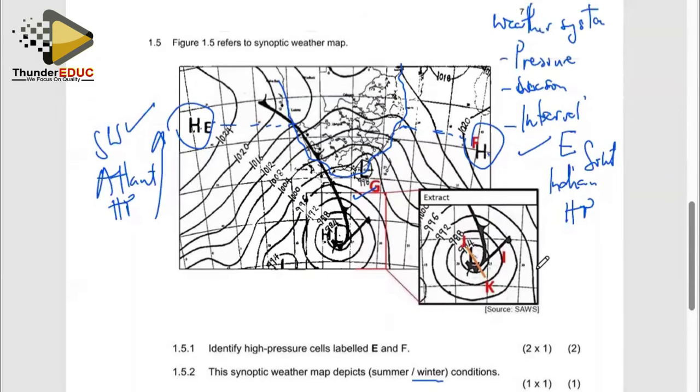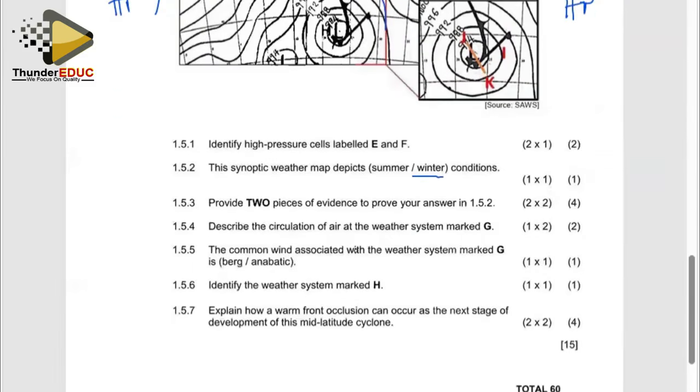How does air circulate within the mid-latitude cyclone? This is a low pressure cell, and for a low pressure cell in the southern hemisphere, our circulation is always clockwise. Do not forget that.